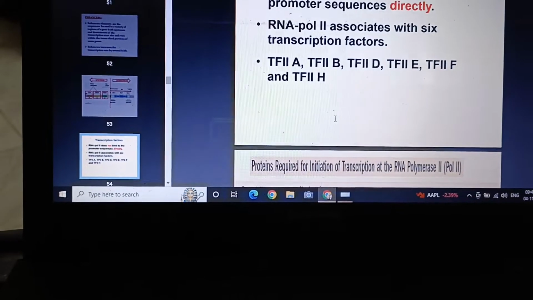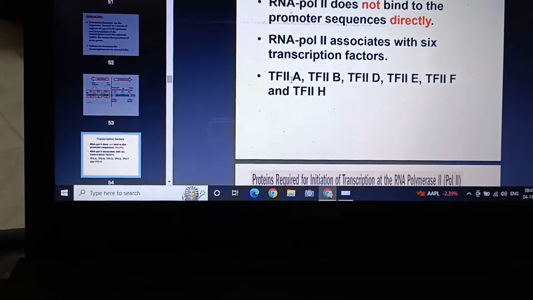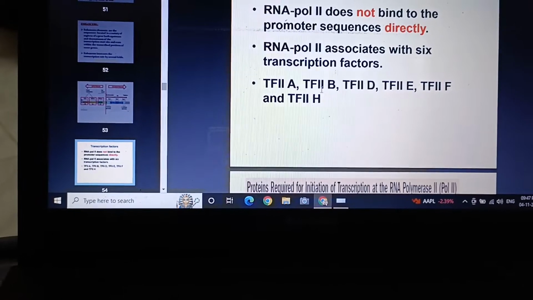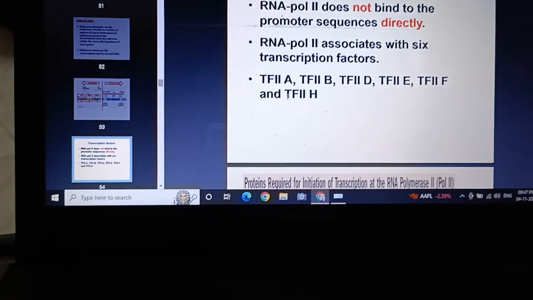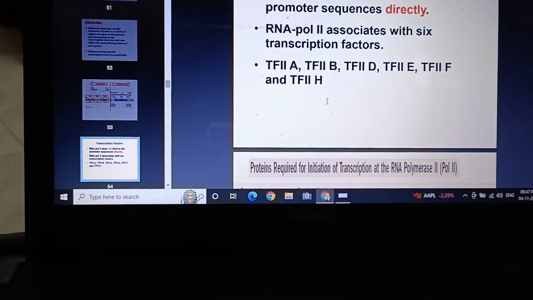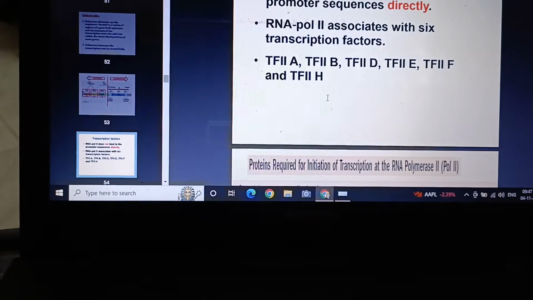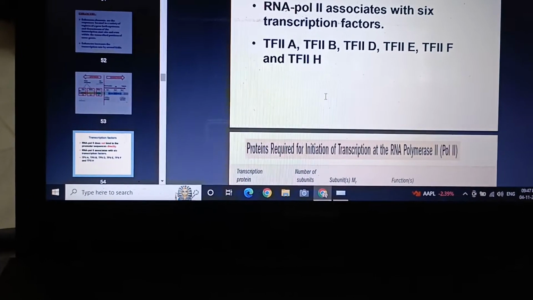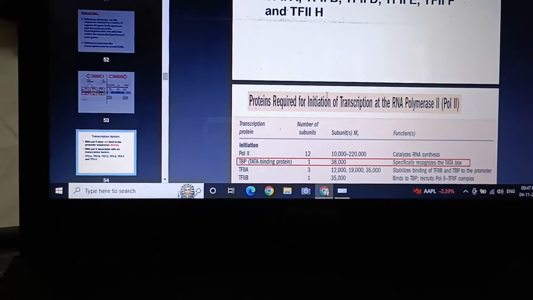So what are the 6 transcription factors? Transcription factor 2A, 2B, D, E, F and H. These 6 transcription factors bind to your RNA polymerase 2, and then only your promoter region will be recognized and your transcription will start.